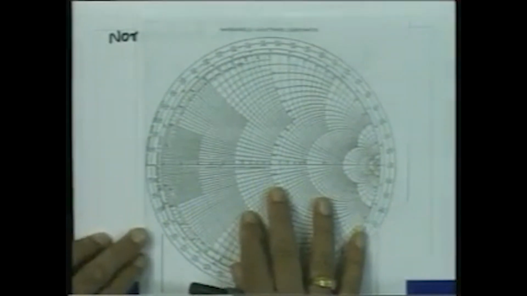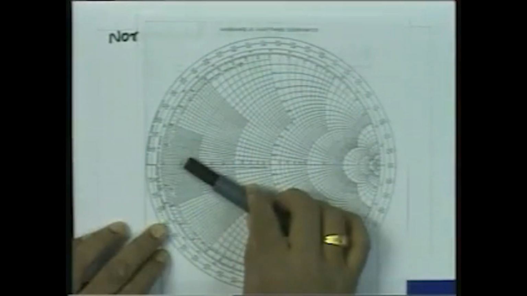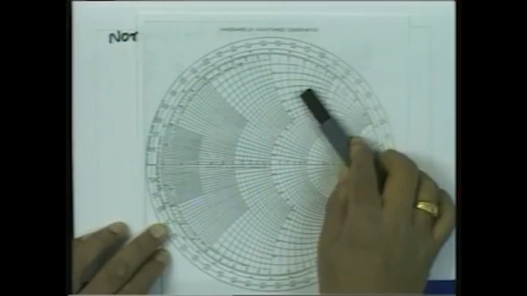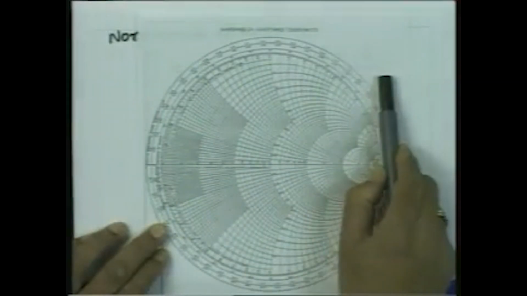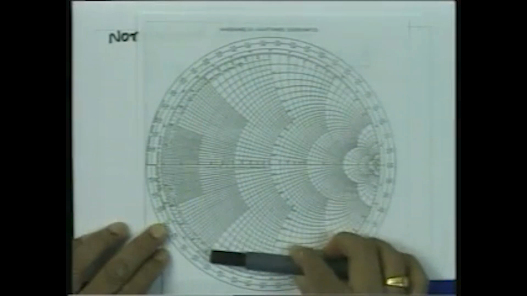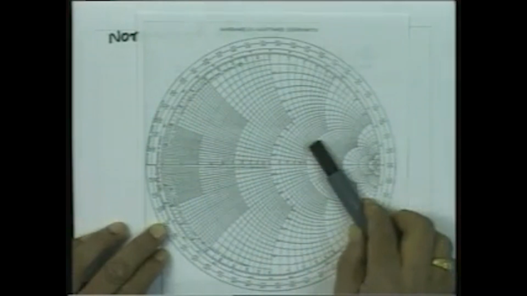That is the reason, if you look at the Smith chart carefully, you will see that the upper half of the Smith chart is denoted by plus x comma plus b, and the lower is denoted by minus x comma minus b. The circles are denoted by either r or g.